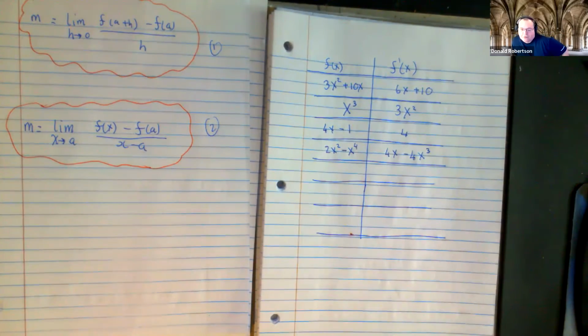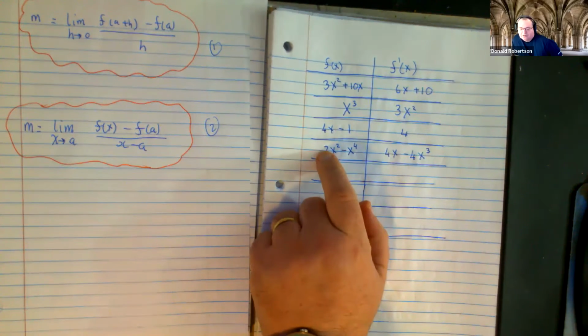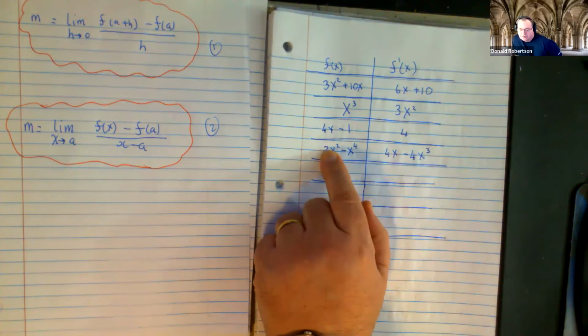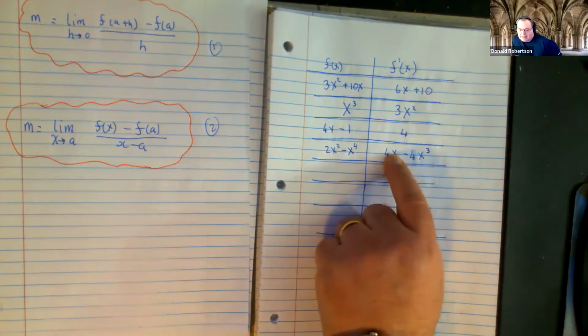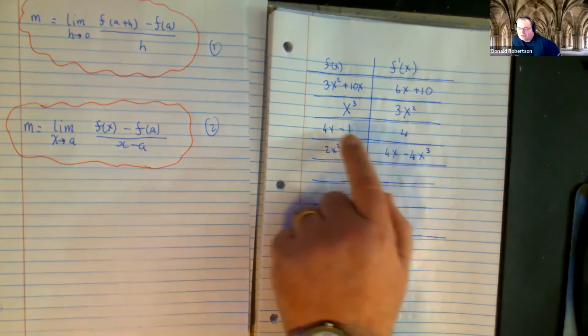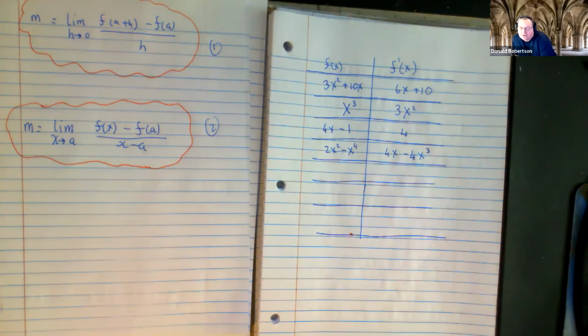Now just look at those 4 examples for a minute and try and figure out how you can use the original function to find out what the derivative is. Can you see any connections going on here? Yes. So look for patterns.